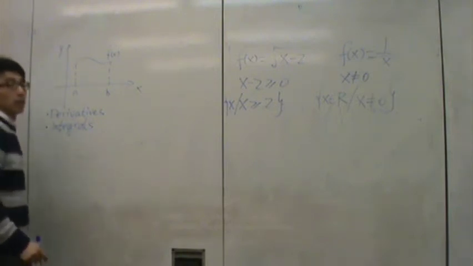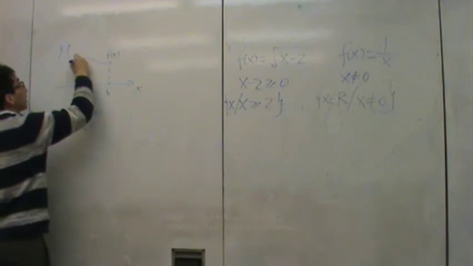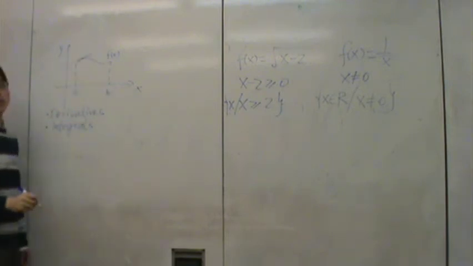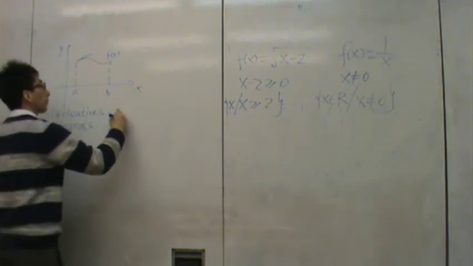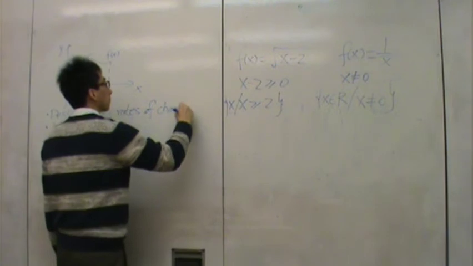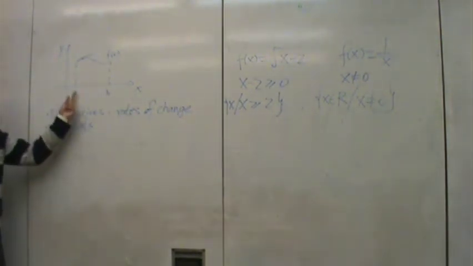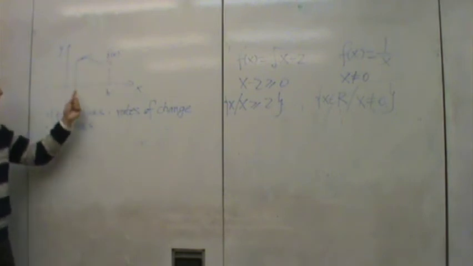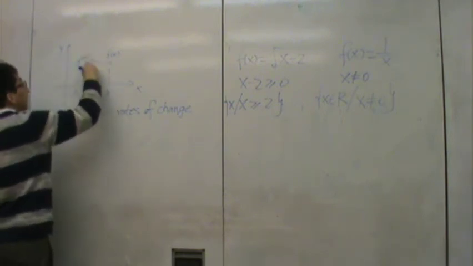Roughly speaking, a derivative at a point is the rate of change at the point, which is the slope of the tangent line. And the integral of the function f from a to b is the area defined by the curve.